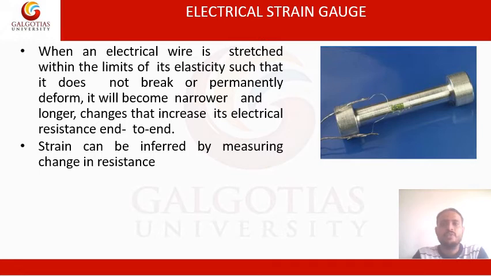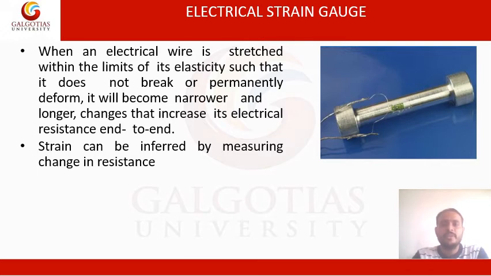As we know, a strain gauge works on the principle of electrical conductance, and it depends on the conductor's geometry. Whenever a conductor is stretched within the limit of its elasticity, it doesn't break but gets changed in its shape. That is, its length increases and the diameter is reduced, and if it is compressed it gets shorter and broader.